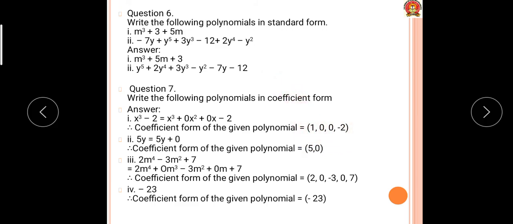When you are converting the index form into the coefficient form, remember these tips. So x cube minus 2 is equal to x cube plus 0x square plus 0x minus 2. So 1, 0, 0, minus 2 is the coefficient. In a similar way I calculated this one also, see one time.